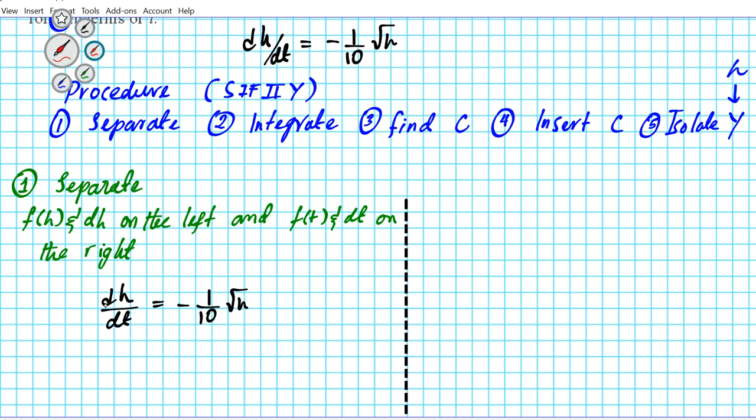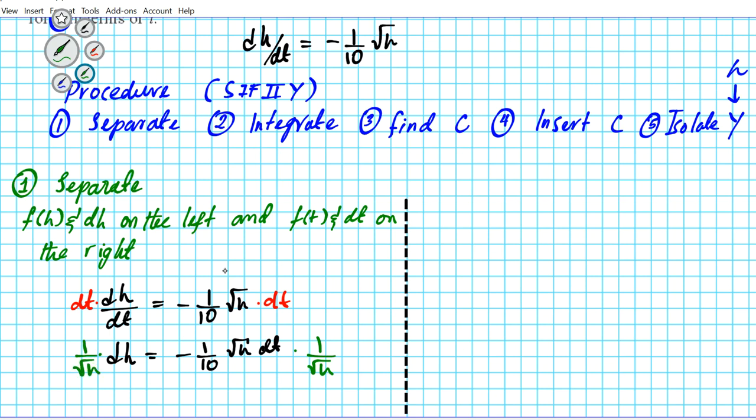To get dt to the right side, we multiply both sides by dt, so that divides out. So we have dh equals negative 1 over 10 root h dt. And then we want root h on the left side, so we multiply both sides by 1 over root h. Bam.